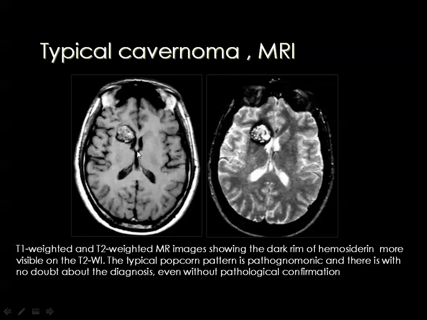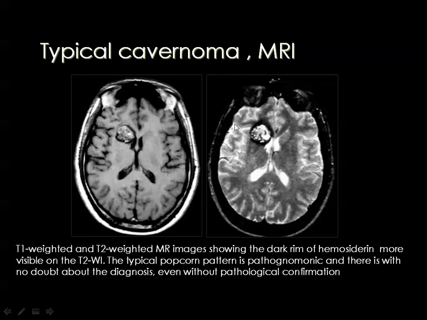Then this is the typical appearance of cavernoma. There is a small lesion which is usually of high signal in the T1 and the T2 with spots of low signal, maybe due to calcium or hemosiderin, but very importantly the surrounding rim of low signal hemosiderin, which is seen in all blood sequences.